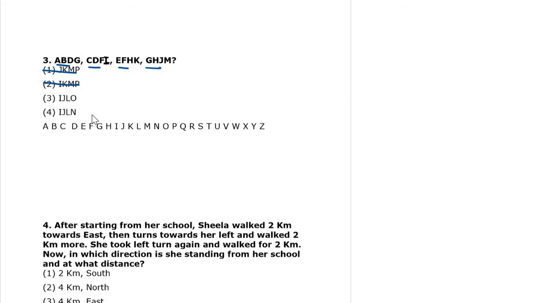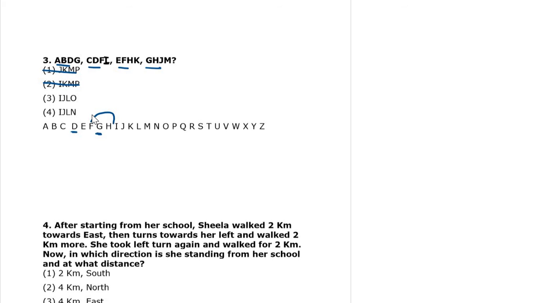What about the relation of the third letter? The third letter is after D. After D, G, K. You know? Two letters left. After F, I has written. After F, I. You know?